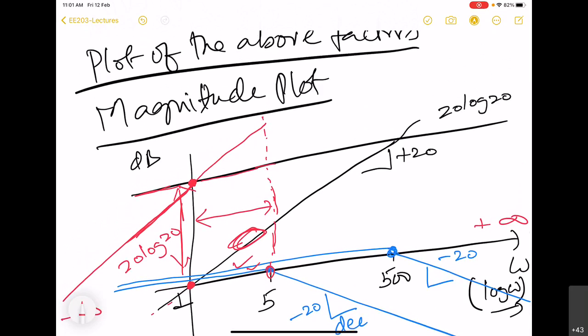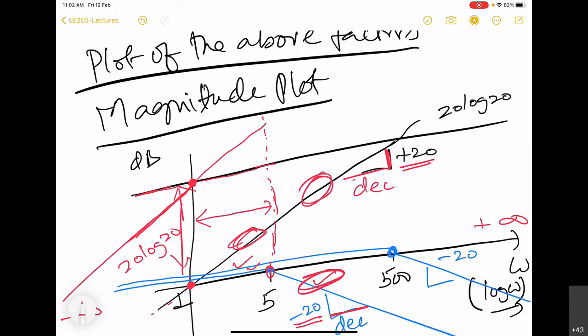Now after omega equal to 5, you can see that the first pole will start having impact. So this will try to bring about a decrement of minus 20 dB for every tenfold increment in the frequency. However, this curve continues to increase the magnitude by plus 20 dB for every tenfold increase in the frequency. So you see that now the first pole and the 0 at the origin will start impacting each other.